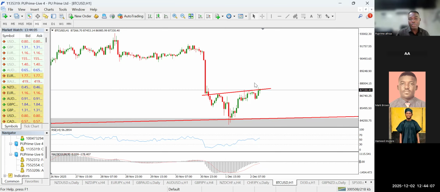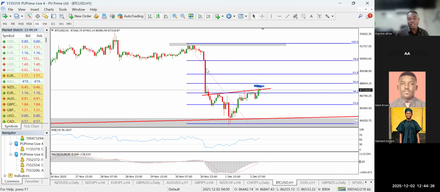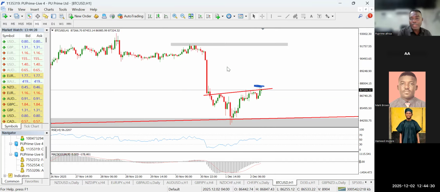If a new candle opens above this neckline region, it will be a time to trigger a buy on the BTC USD. And if we are not using Fibonacci levels, price projection may target this next resistance level. But with Fibonacci, and if you want to enter multiple trades, you can take each of the levels. But overall, we are bullish on the BTC USD.